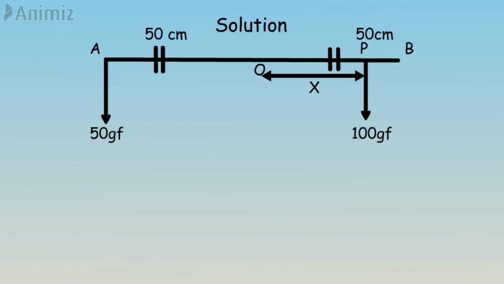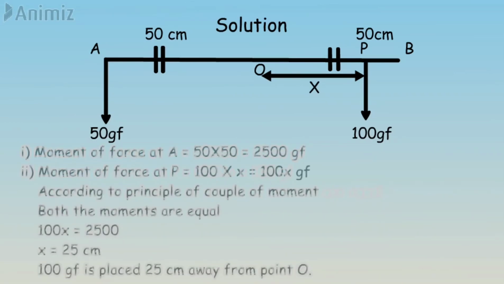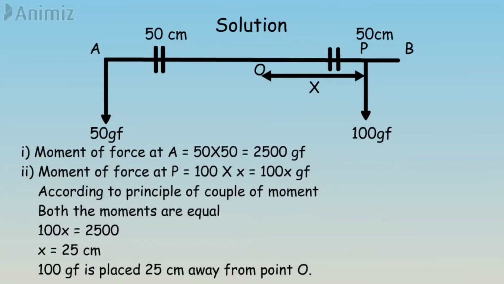Now, you have to first calculate the moment on either side of the pivoted point O. Both side distances are not the same this time. One side the distance you know, the other side you have to calculate. So, moment of force at A will be 50 into 50, 2500 GF cm. Same way, moment of force at point P, where the 100 GF is suspended, will be 100 into X, 100X GF cm.